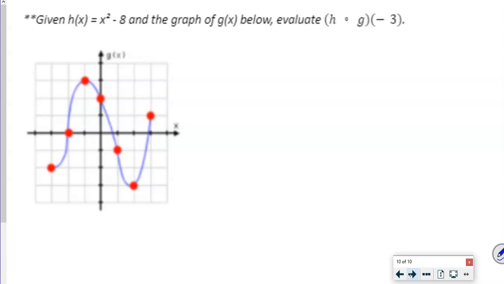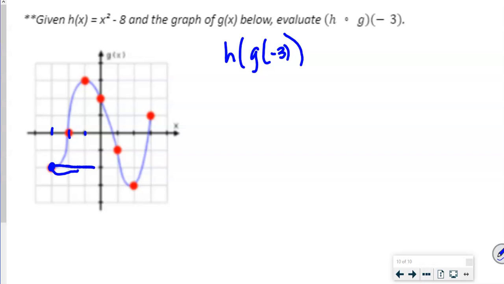This is just an extra problem, just to see if you guys can do it. Those of you that want some extension, some difficulty, you can try this one. We're going to do h of g of negative 3. So we have a g of x function. Y'all see it? We're looking for g of negative 3, right? So 1, 2, 3. There's our value right there.